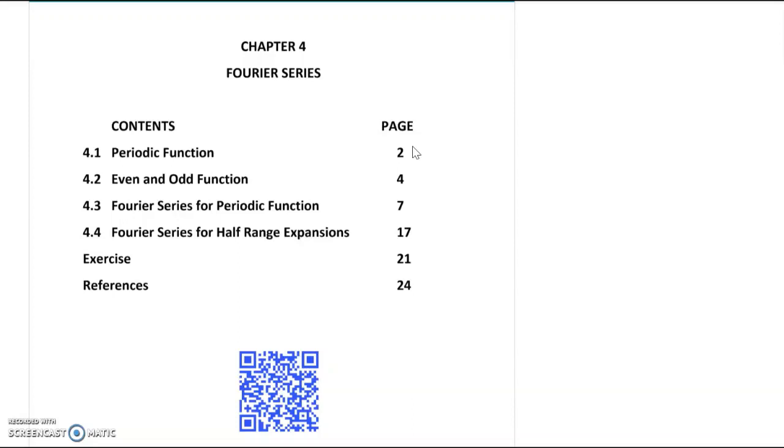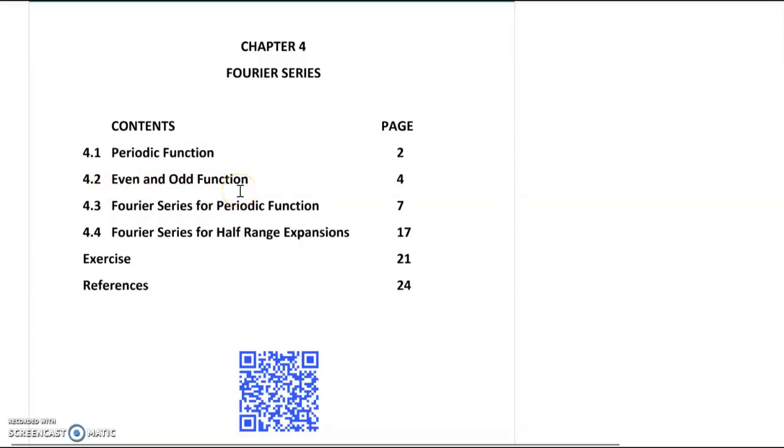Before we go to finding the Fourier series, which is 4.3 in your lecture notes, let us start with the three important things that you need to know first before we can compute the Fourier series. They are, in 4.1 here, the periodic function, and then the even function, and then the odd function.